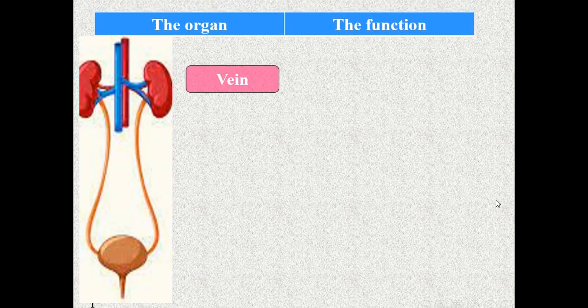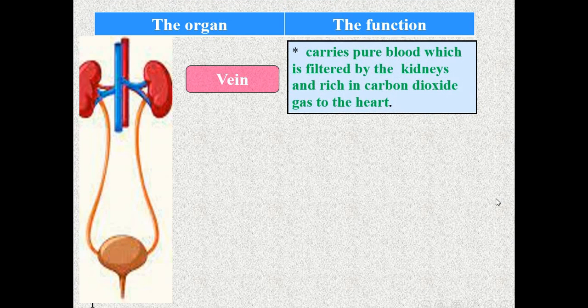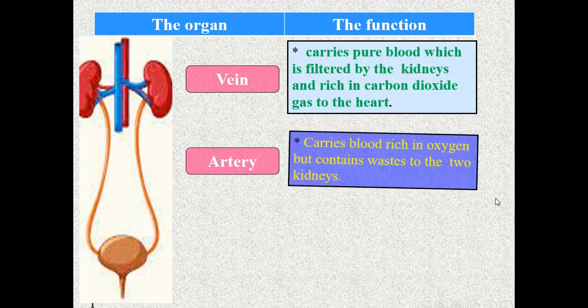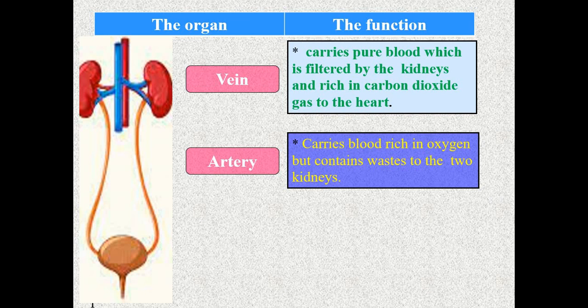We said also that, of course, the urinary system must be connected with the vein and artery, right? This is the artery and this is the vein. Why vein?